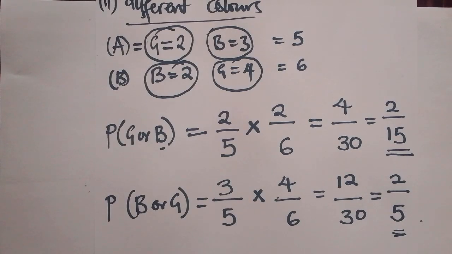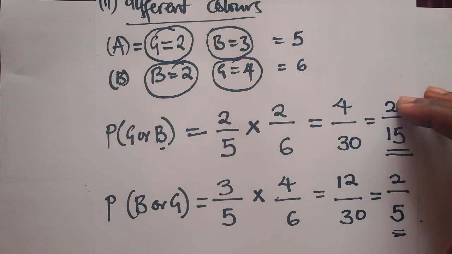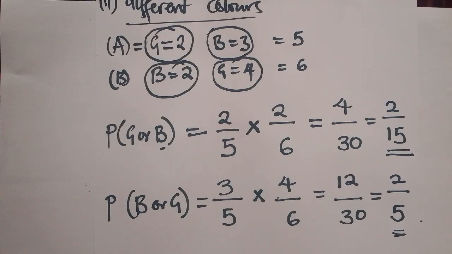These are the probabilities of us picking either a green ball or a blue ball in both cases. But the question is asking us to calculate the entire probability of picking different colors.